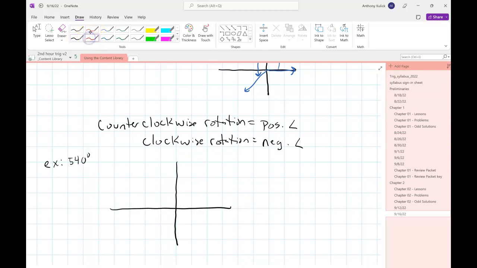So let's say I wanted to represent a 540 degree angle. Skateboarders and snowboarders, what's a 540? 360 plus 180, so 1.5 rotations, right? So if I start at my initial side, I would go one full time around and then half a time around. And that would be a 540 degree angle, right?